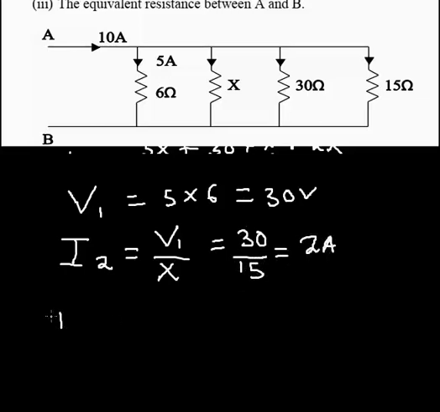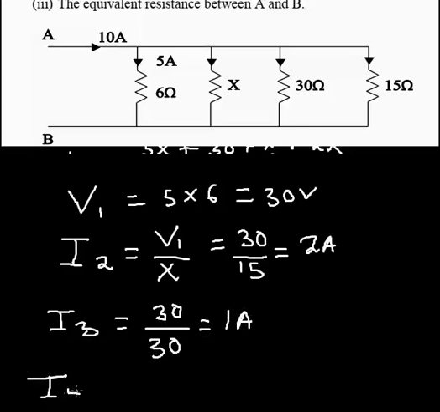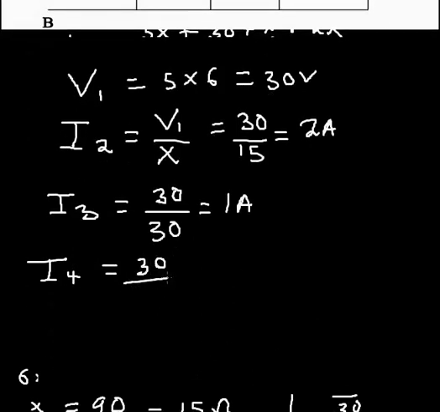Okay, another method, but much easier method. I3, simple, 30 all over 30, and that is 1 ampere. All right, then I4, as simple as that, 30 all over 15, and that is 2 ampere.